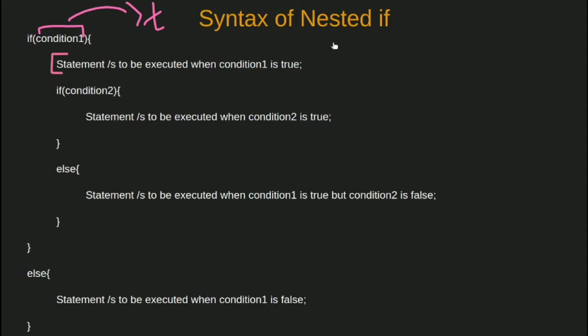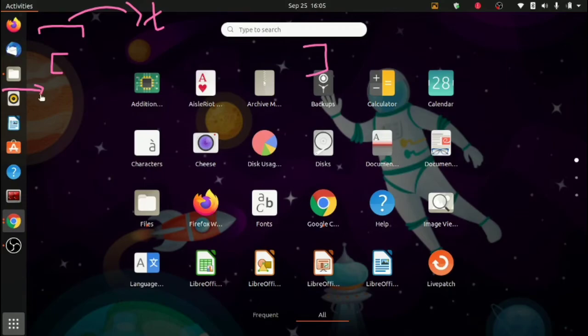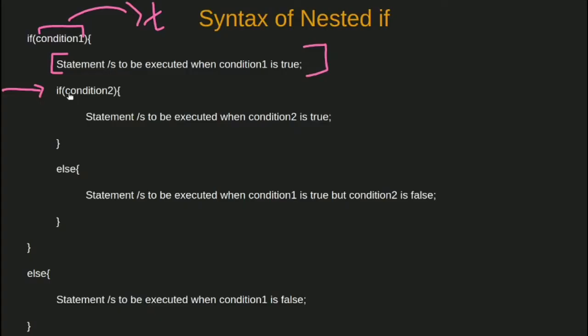After these statements get executed, the control will come over here, and then it starts to evaluate the condition of this particular if statement, which is present inside of this if statement, and that's the reason why it is known as nested if.